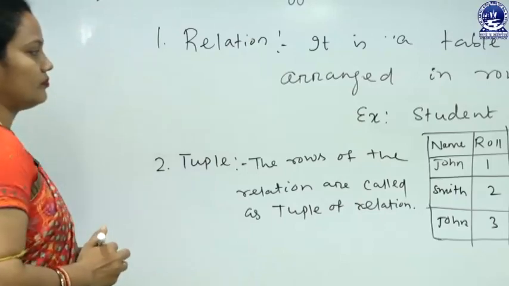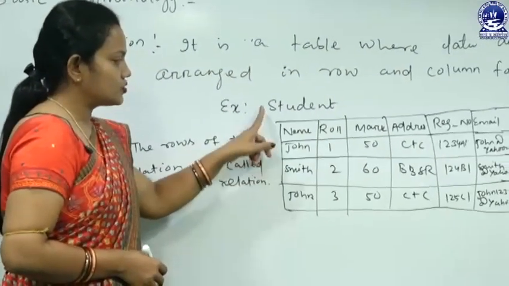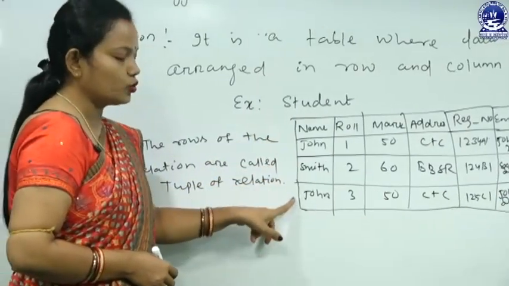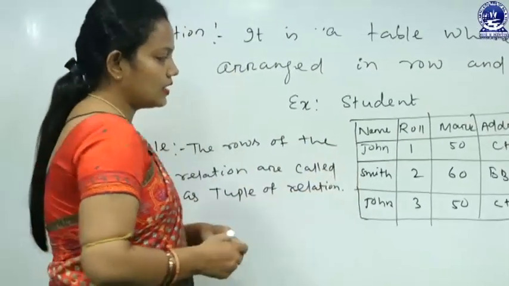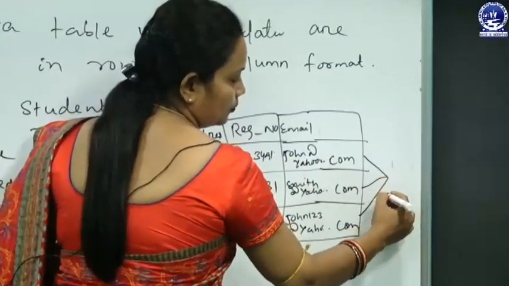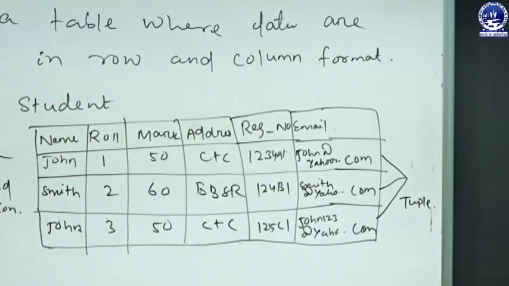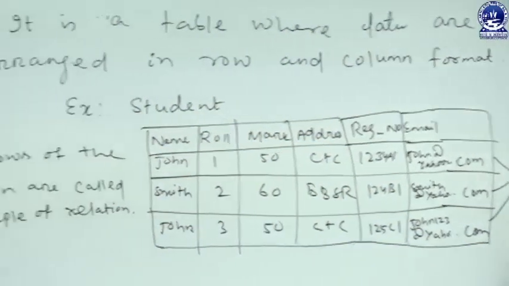That means here we have 3 tuples because the student relation contains 3 rows. These 3 rows are called the tuples of the relation.